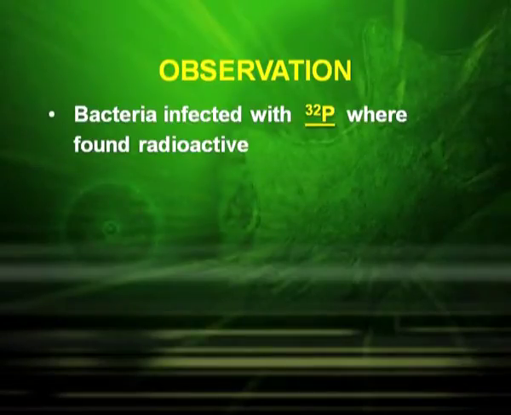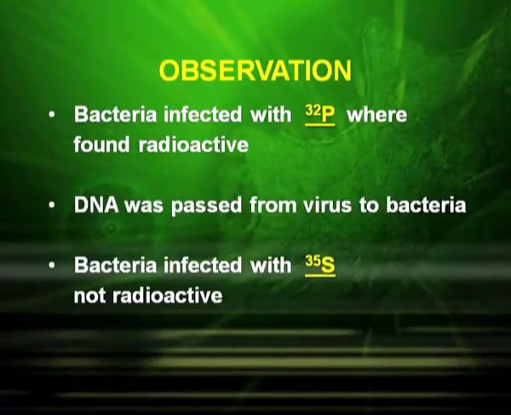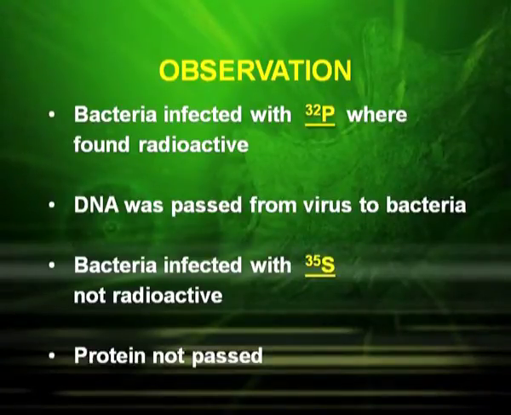Now, since the supernatant contains the protein and the pellet contains the phosphorus, what is the clear indication? Now, let us see the observation of the experiment. The bacteria infected with P32 were found radioactive. So, the DNA was passed from virus to bacteria, and bacteria which were infected with S35 were not radioactive. So, that clearly shows that protein is not passed.